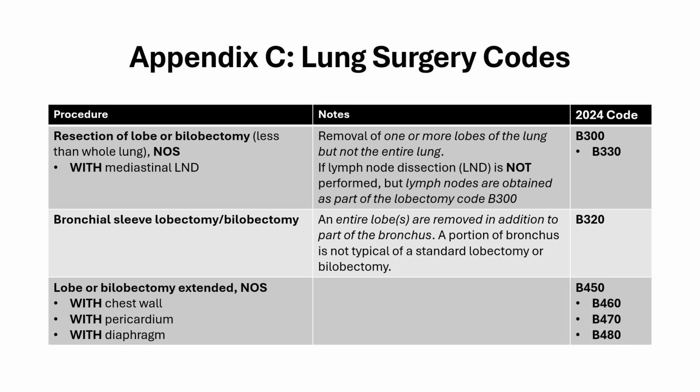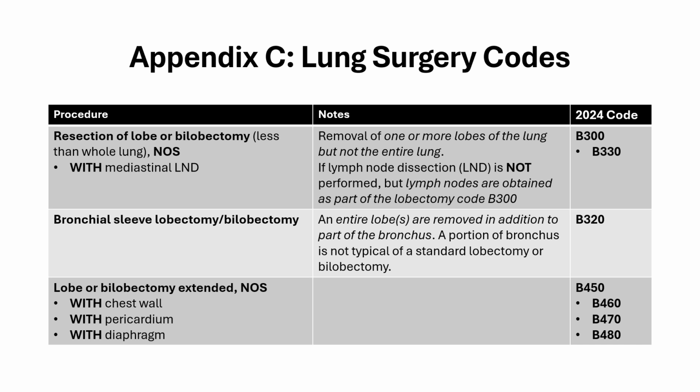If a lymph node dissection is not performed, but they do have lymph nodes that end up being obtained as part of the lobectomy, we need to code that as B300, not B330. We need to make sure that a mediastinal lymph node dissection is what was prepared for, what was planned, and what was carried out to code B330.